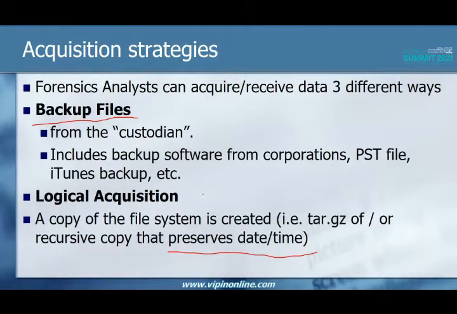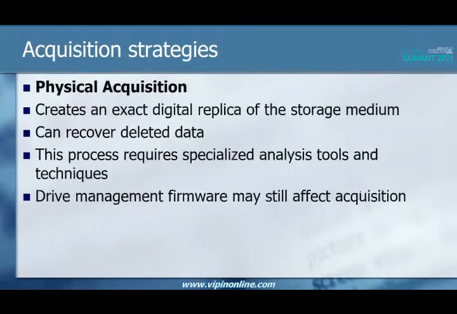And I'm not giving priority to these two methods, because the most important and preferred way of collecting evidence is the physical acquisition. It creates an exact replica of the storage medium, that means a bit by bit copy. The advantage is that if you are using the physical acquisition method, it can recover deleted data. This is very important.